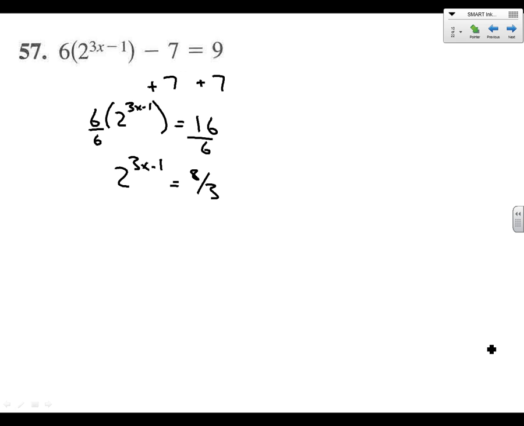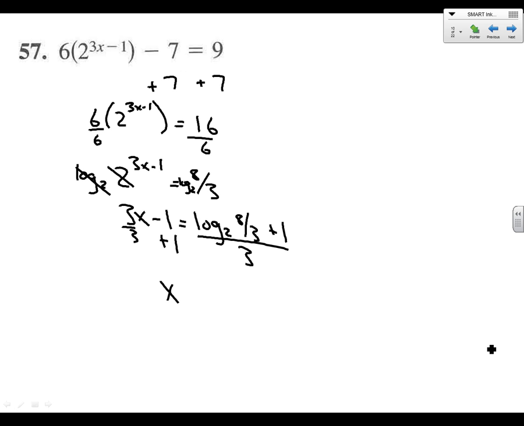And now how do we get rid of the 2? Log base 2. Log base 2 will cancel. 3x minus 1 equals log base 2 of 8 over 3. We're going to add 1. We're going to divide by 3.